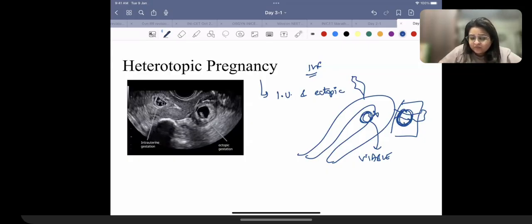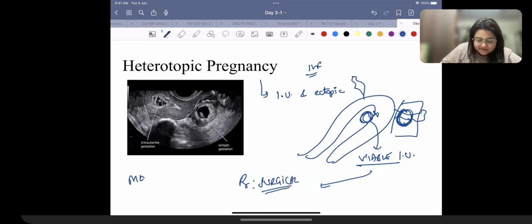So in a heterotopic pregnancy where the intrauterine pregnancy is viable, the treatment is surgical because methotrexate is contraindicated. It's going to kill off both the intrauterine and the extrauterine pregnancy.